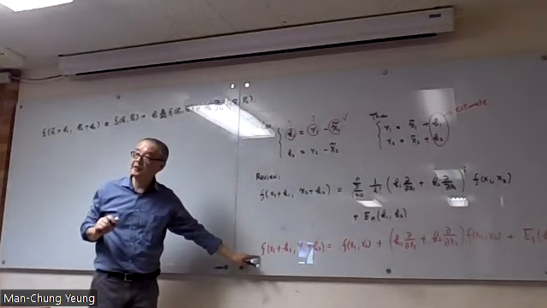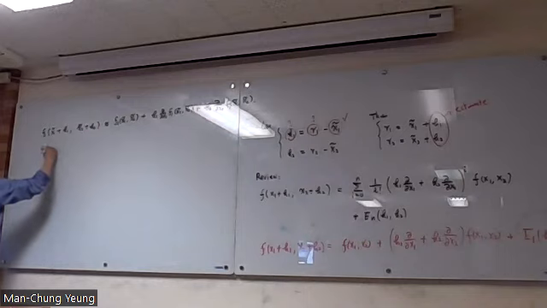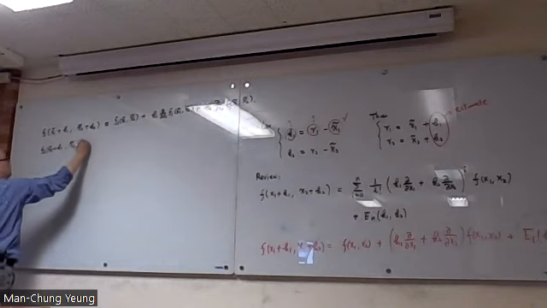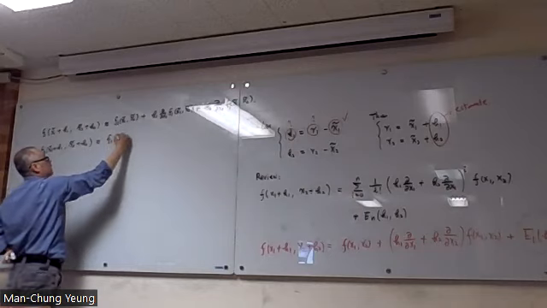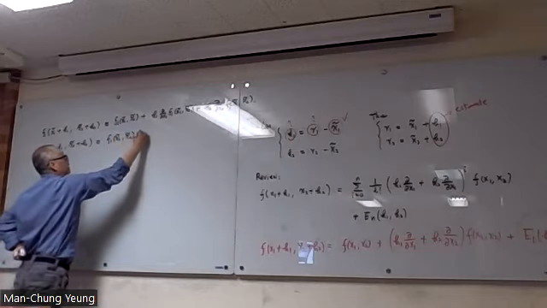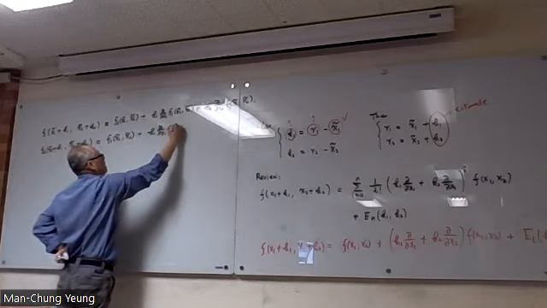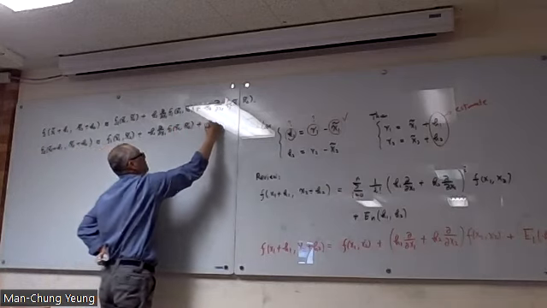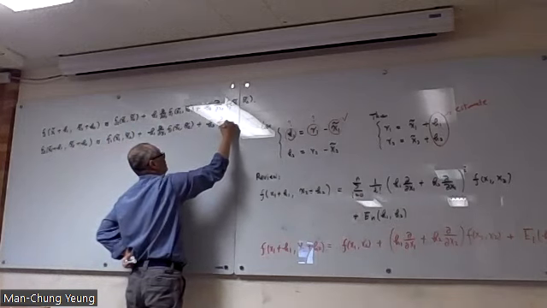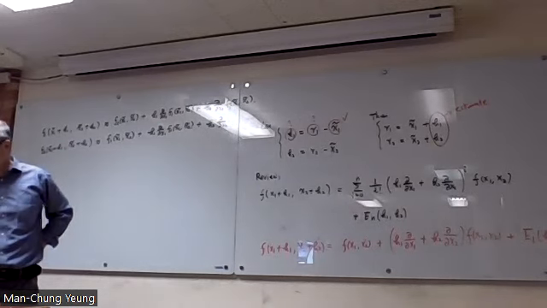Apply this Taylor expansion to f2, then we get roughly the same, plus h2 partial derivative.